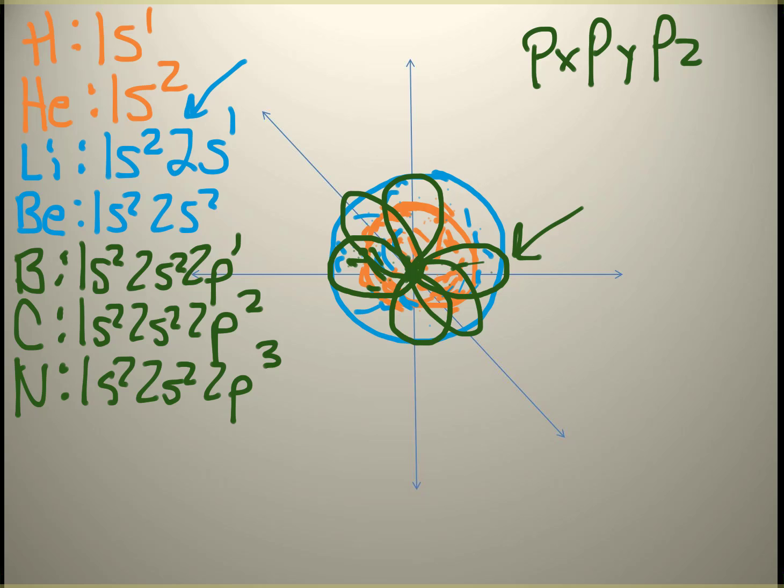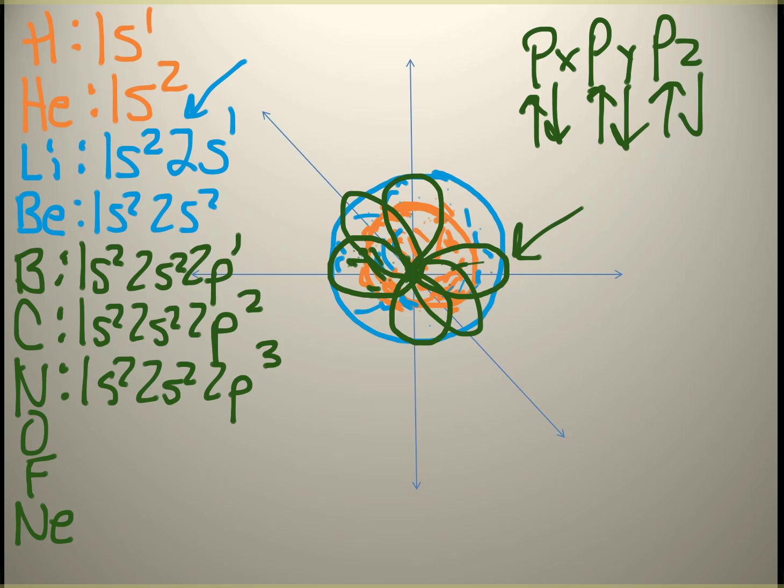Okay, so for the rest of the 2p elements, oxygen, fluorine, and neon, what they would do is first put an electron in the x, y, and z, and then they put a second electron in the x, y, and z. By the time you got to neon, you would have 2 electrons in each of the orbitals, so that would be totally filled.